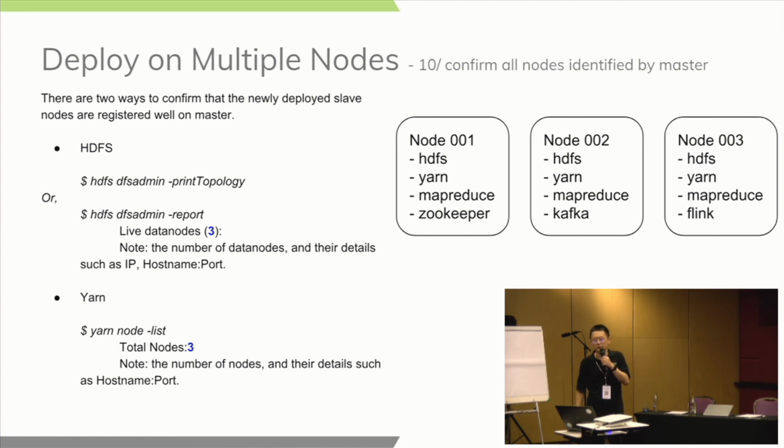It can report that you have 3 data nodes here. And it also reports how much space you have in this HDFS file system. You can also check with yarn node -list. It will report how many nodes you have in this cluster.